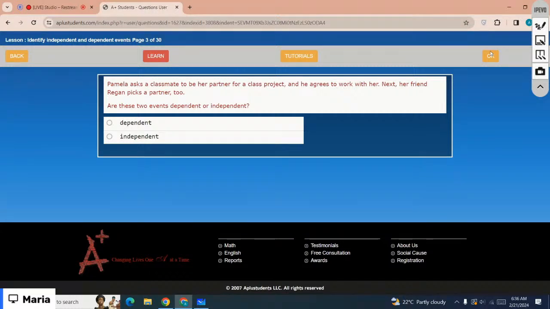The correct option is they are dependent events.